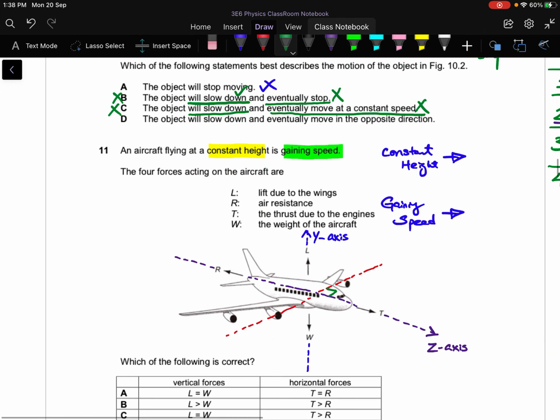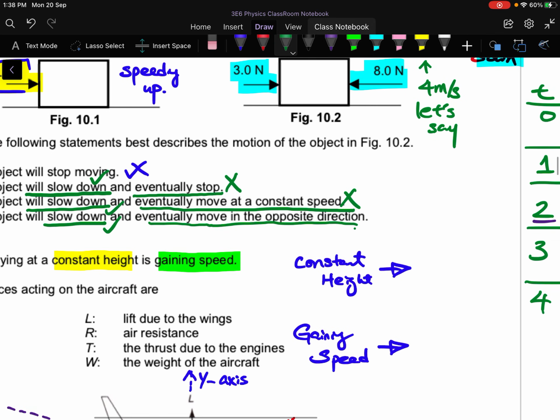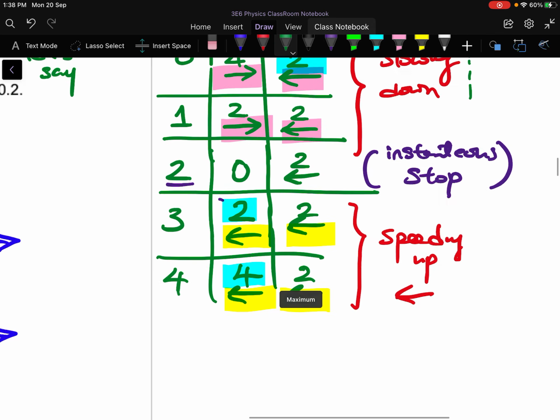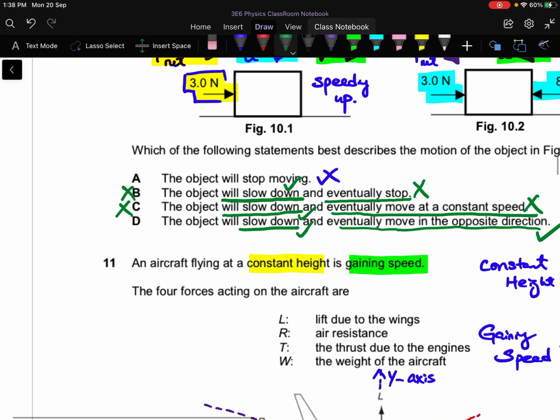And part D is slow down, true. Eventually move in the opposite direction. This is correct. Eventually it did move in the other direction, and it is a better option than A. So for me, I would pick D.